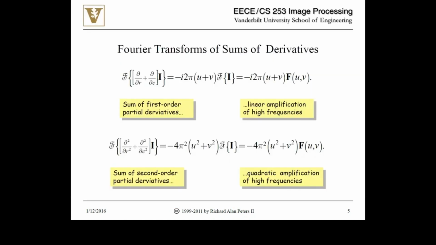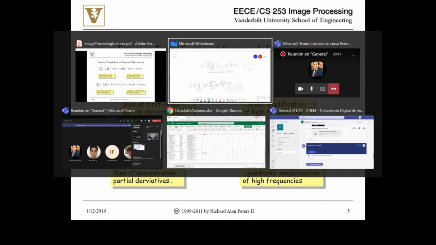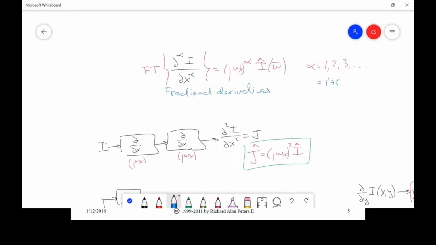Okay, what else do we have here? Nothing special. We can add first derivatives, we can add second derivatives. So I can compute the second derivative with respect to x, second derivative with respect to y, and we already know how to handle that.